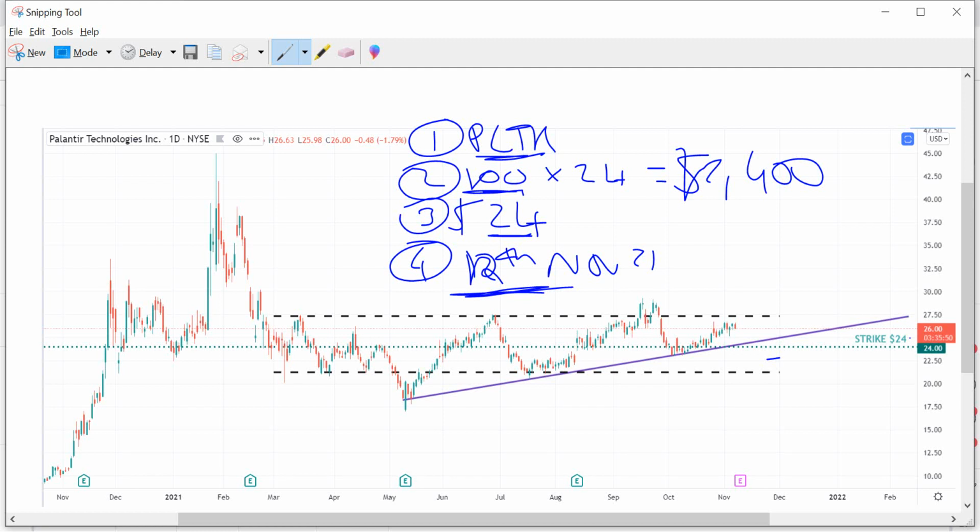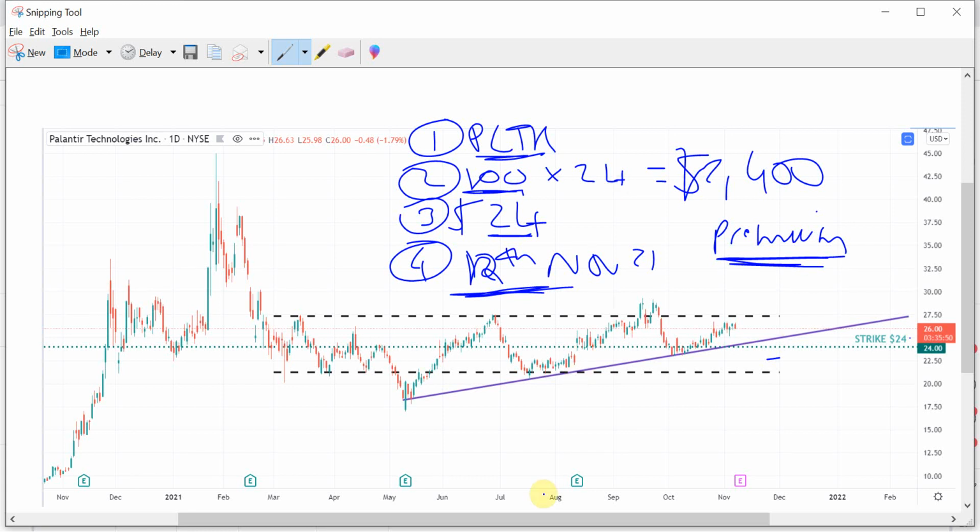So what will happen, I put this option out there into the market, and then a buyer has come in and says, I'm willing to take that trade. Now there's one other piece that is missing from this, which is the premium. So the premium is the amount that the buyer has to pay me for selling this option.